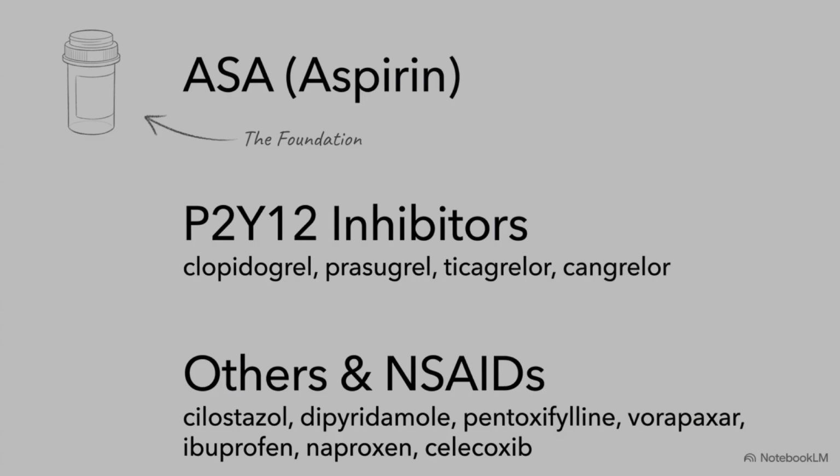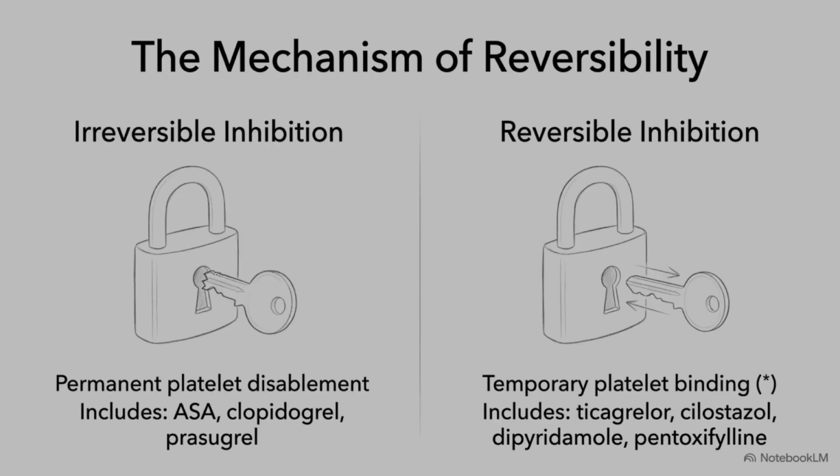It's important to understand the mechanism of action. We know that aspirin, clopidogrel, and prasugrel, once you take the medication, permanently disable the platelet. The lifespan of a platelet is 10 days, so that platelet effect is gone for 10 days until the new set of platelets come.